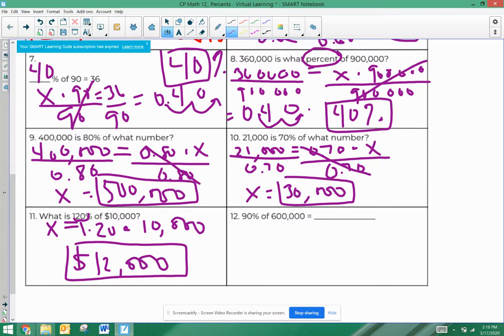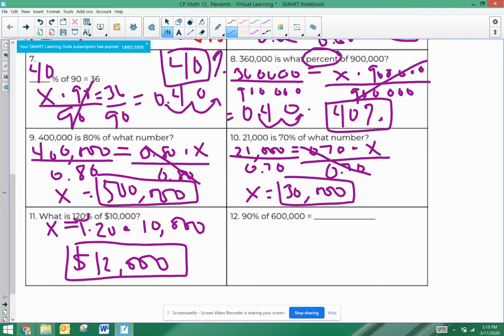And then this last one. 90% of 600,000 is probably, so I know that it's going to be close to 600,000 because 90% is almost the whole thing. So maybe in the 500,000s.